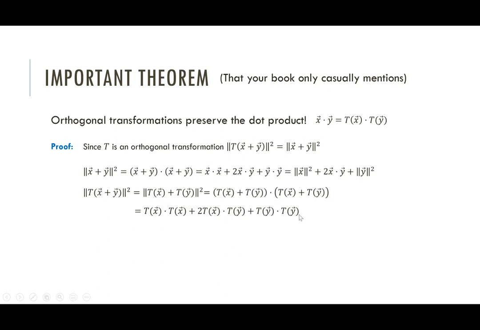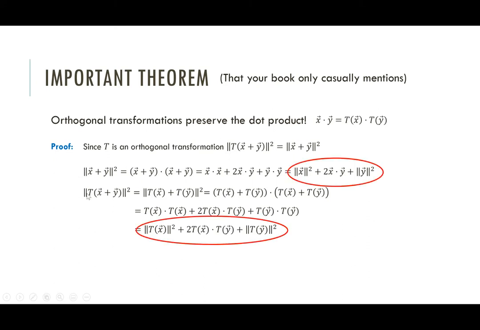And then recognizing that Tx dot Tx is the length of Tx squared, Ty dot Ty is the length of Ty squared. Okay, now these two guys are equal, which means these two expressions are equal.